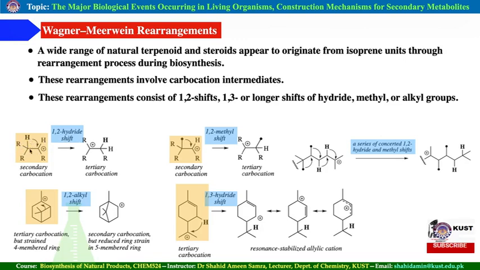And because a hydride ion is involved, this is a 1,2 hydride shift. Here, a methyl group is involved in a similar sort of shift, so this will be known as a 1,2 methyl shift. Here, this is an alkyl group, so this will be known as a 1,2 alkyl shift. In the case of this species, this shift is 1, 2, 3. This is a 1,3 shift, and because hydrogen is involved, a 1,3 hydride shift.